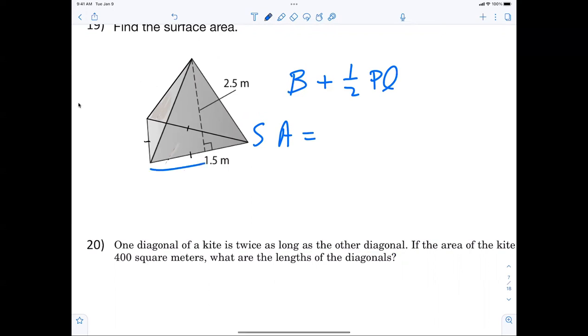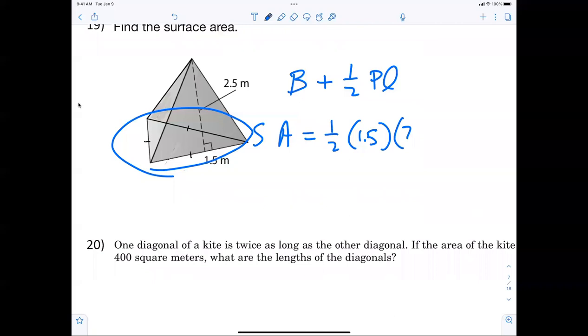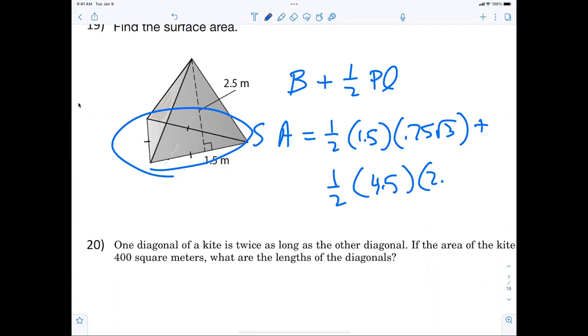All right, so this right here is just 1/2, 1.5 times 0.75 radical through. You agree with that? Plus 1/2, the perimeter would be 4.5, and the slant height they're telling you is 2.5. Come on now, it's an equilateral triangle, which creates a 30, 60, 90 triangle.